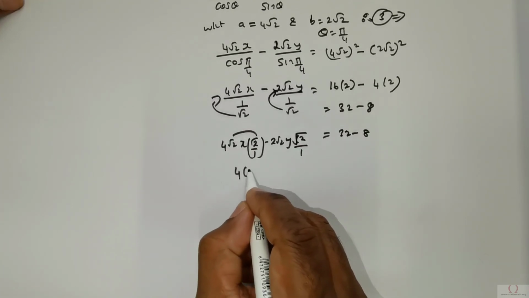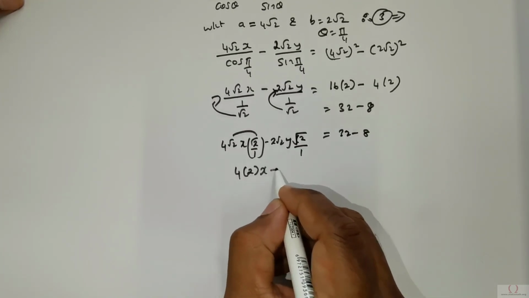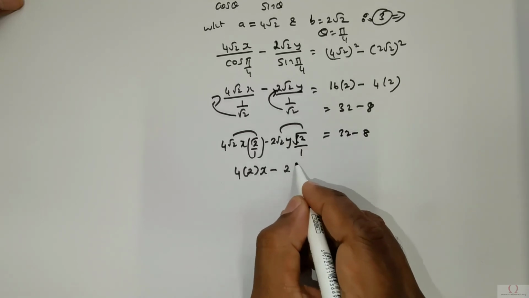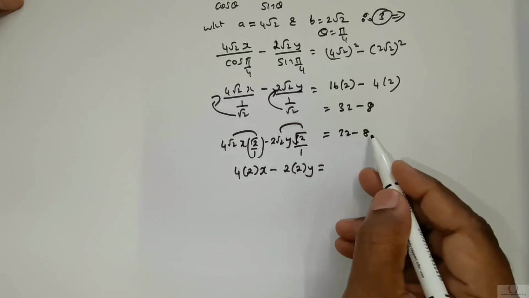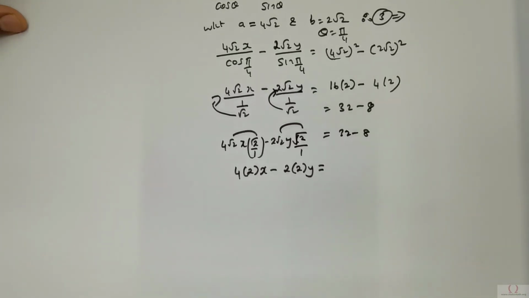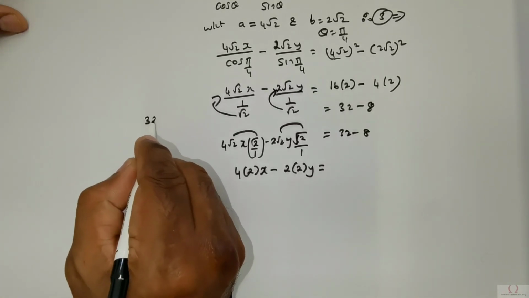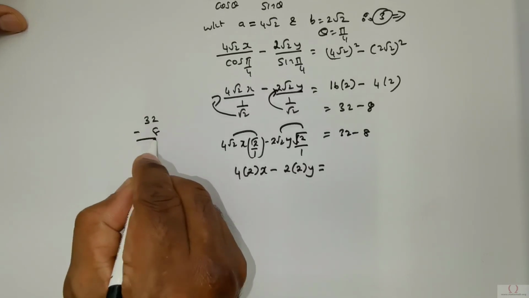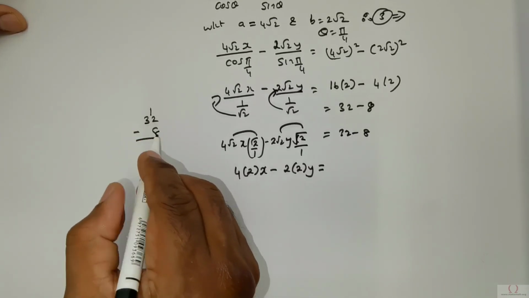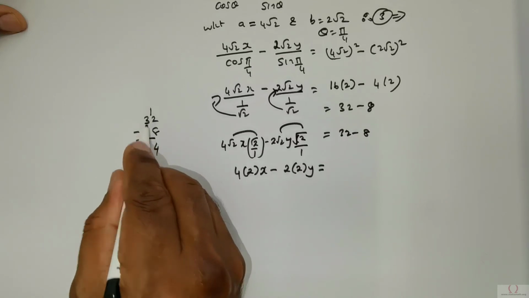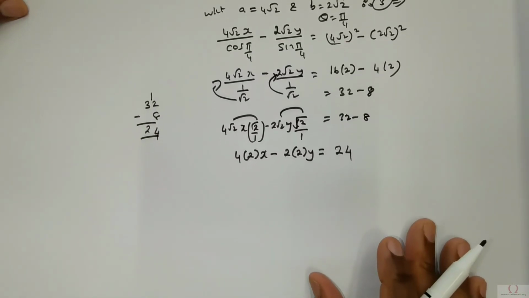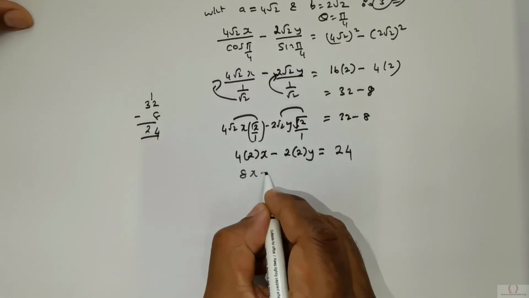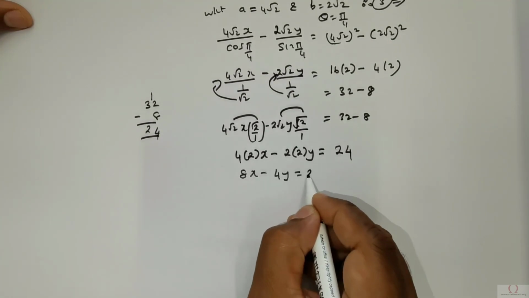That would give me 4 times 2 times x − 2 times 2 times y, equal to 32 − 8, which has to be subtracted. That gives us 24 here. So this is 8x − 4y = 24.